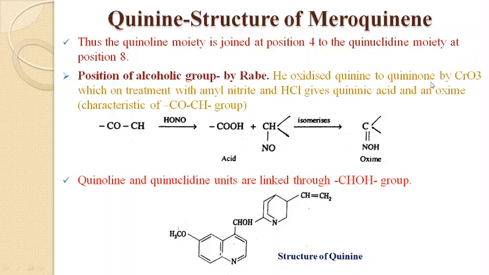He oxidized quinine to quininone by chromic oxide, which on treatment with amyl nitrite and HCl, that is nitrous acid, gives quininic acid, and the second product is an oxime. If the middle structure is C=O with CH, on treatment with nitrous acid, it converts to quininic acid, and oxime formation takes place.